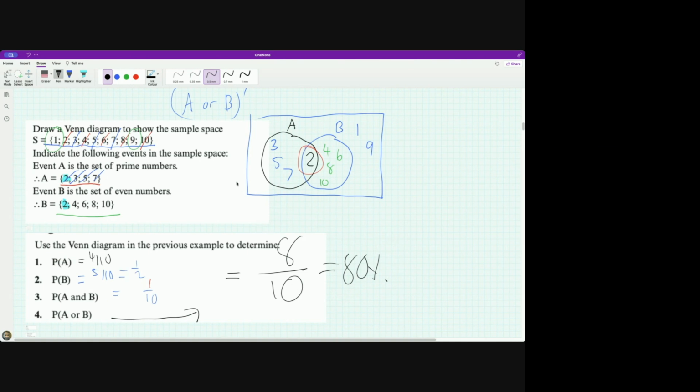Perfect. And just for bonus points, what is the probability that you choose a number that is not in B?